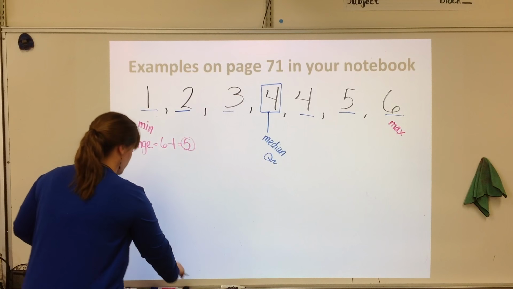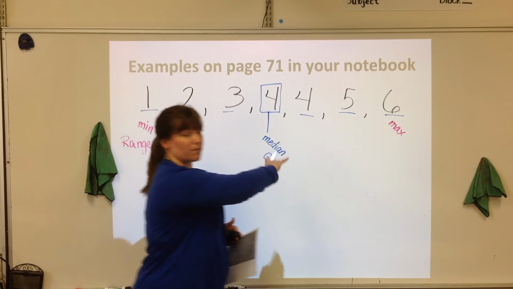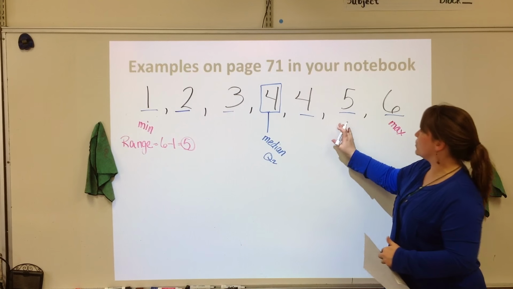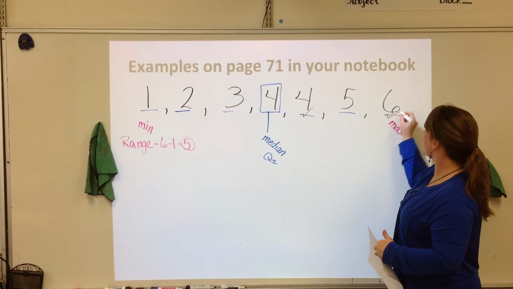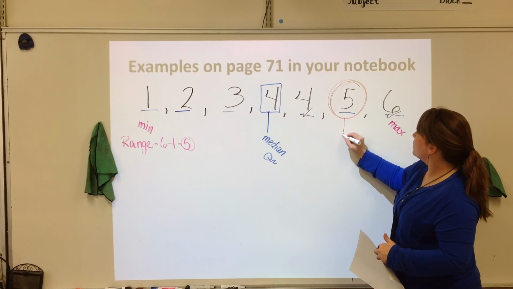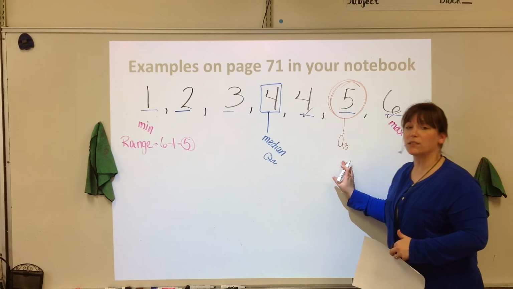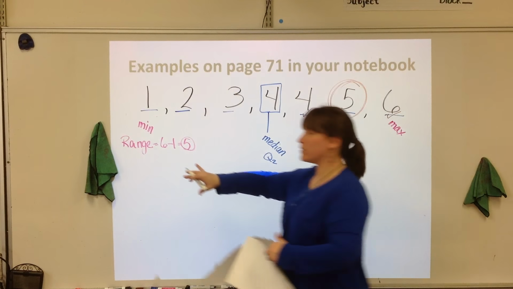Now, I'm going to switch my colors here. I'm going to go to the upper 3, the 4, 5, and 6, and find the middle value of these upper 3. When it's 3, there's 1 on each side, this one and this one, which leaves the 5 as Q3. And it's important to label each of the numbers so you keep them straight. I'm going to do the same thing over on the left.